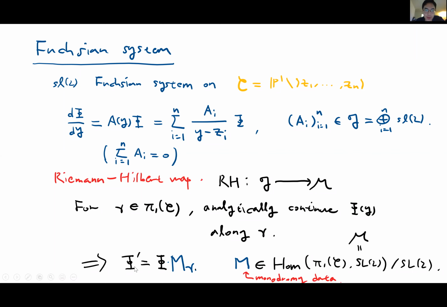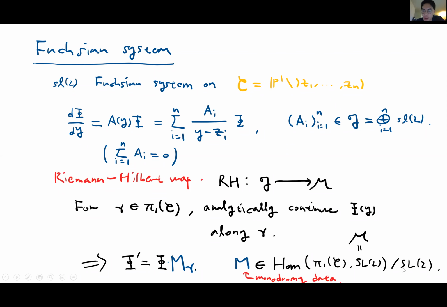So this analytically continued solution φ' is φ times some 2 by 2 matrix M_γ. In other words, M_γ is the monodromy along γ of the solution φ. So this M eats an element γ in π1(C) and spits out the matrix M_γ, which is valued in SL2.